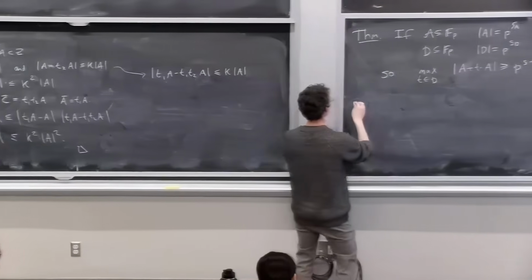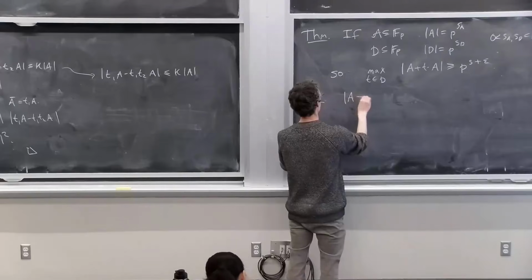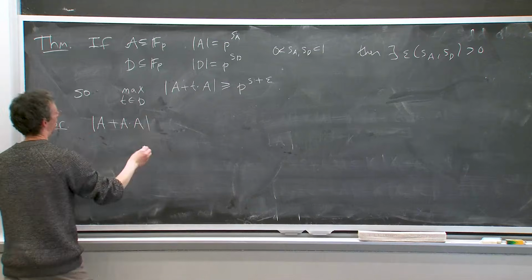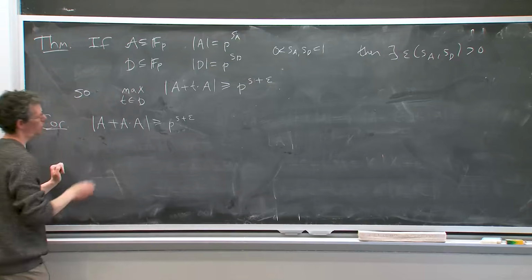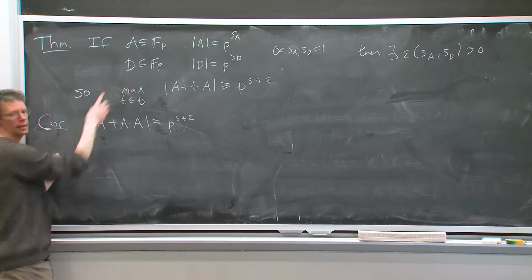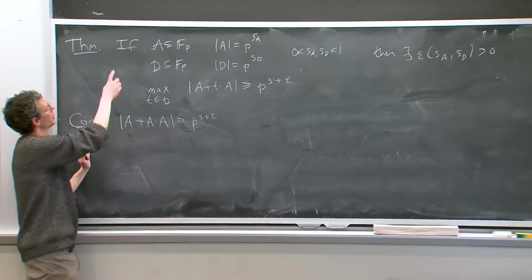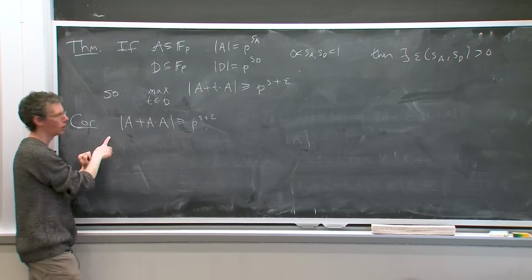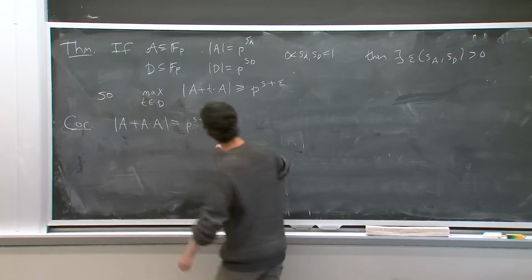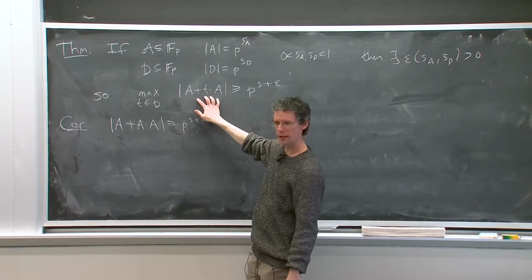So let's make some remarks about it. Here's an easy corollary. If you just take A + A·A, that should be bigger than A. Why? Well, let D be A and plug it in. But this theorem is stronger than this corollary in two important ways. One point is that we're not taking the union over d of all these sets.